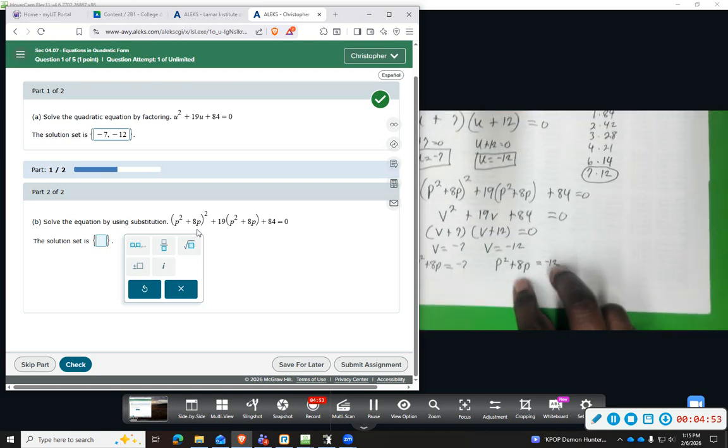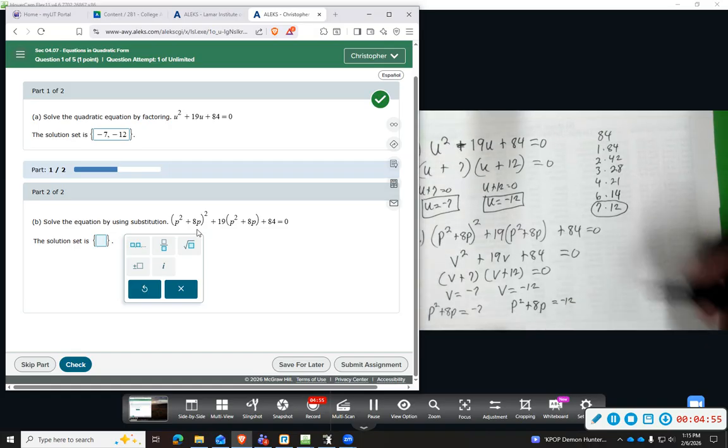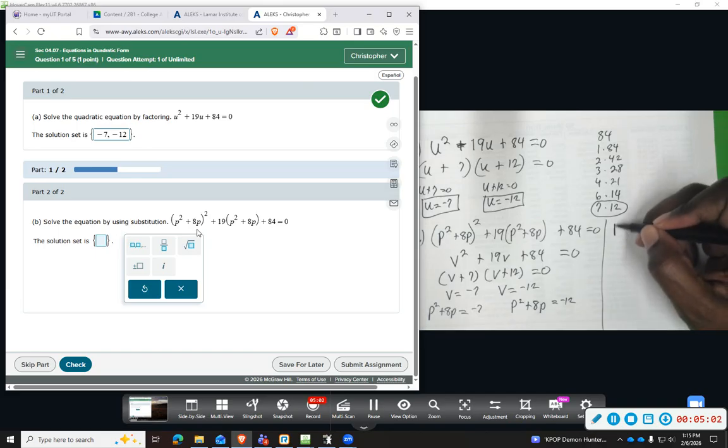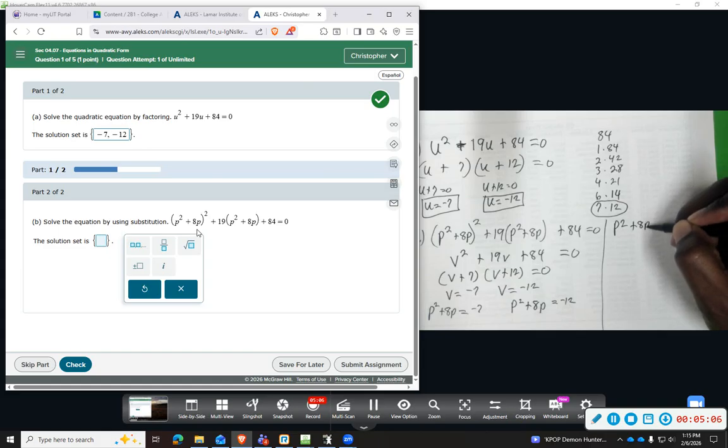One at a time, I'm going to move over here, and I'm going to go ahead and add the 7. So we'll have p squared plus 8p plus 7, when you move it over, equals 0. And 1 times 7 is 7. Factors of 7 are 1 and 7.